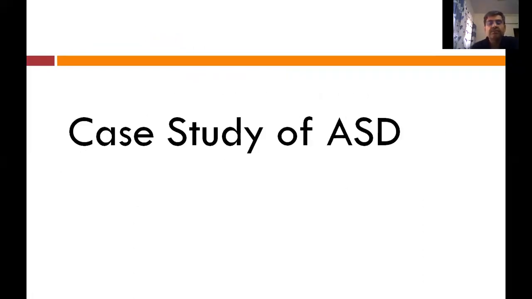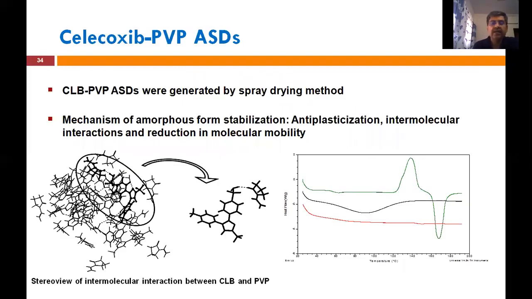We'll complete the lecture with the help of a case study of the amorphous solid dispersion. This particular work was carried out in our lab in the NIPER and involves the drug celecoxib and the polymer PVP, which were converted into an amorphous solid dispersion.